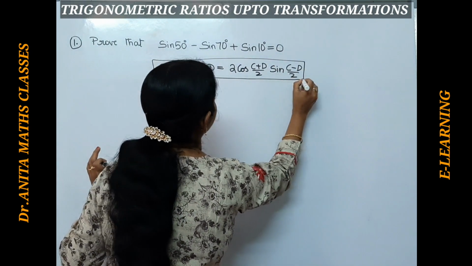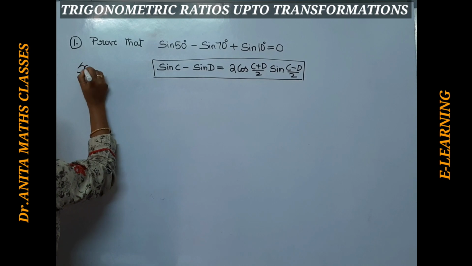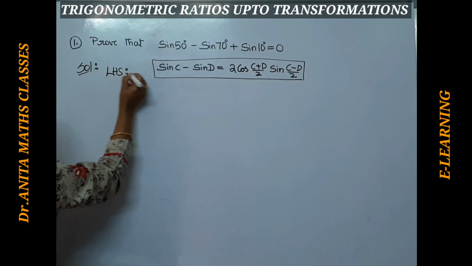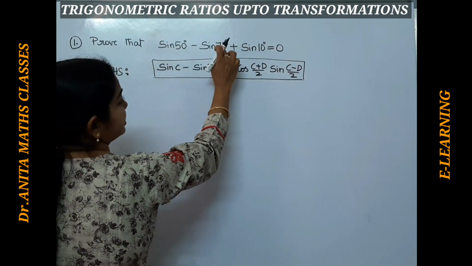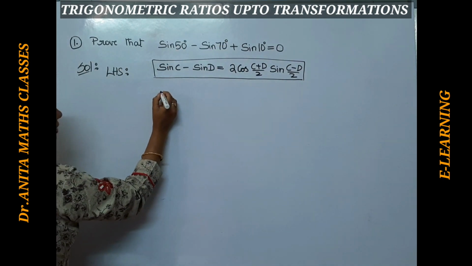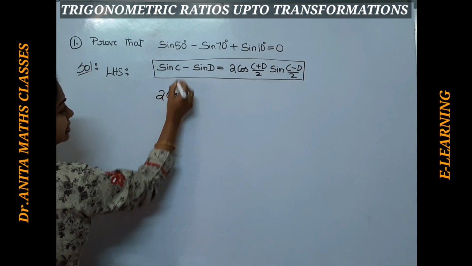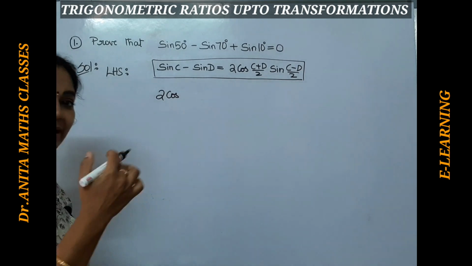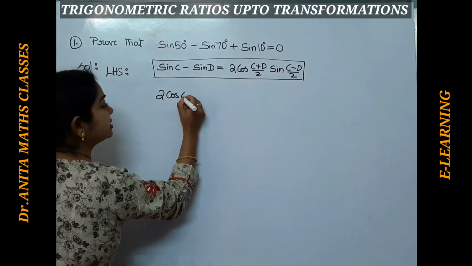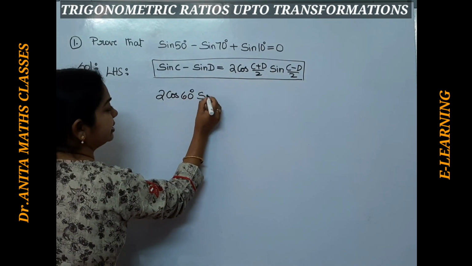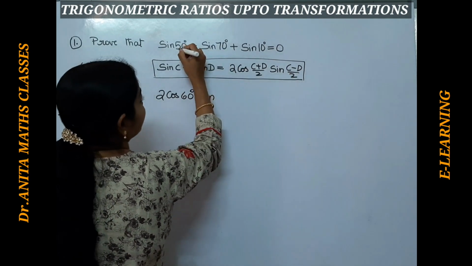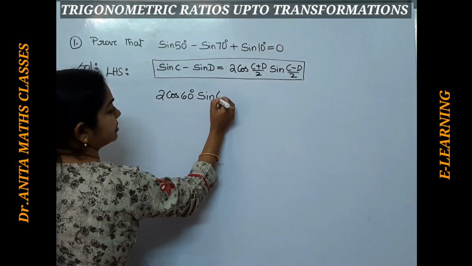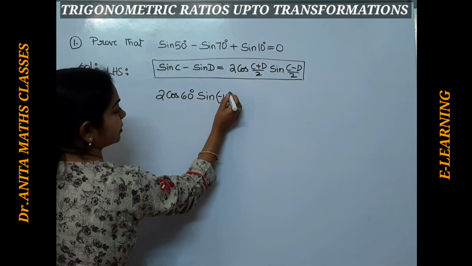This is the formula which we are going to use for the first two, if you are taking the LHS. Suppose this as C and this as D, so I'll directly write 2 cos of (50 plus 70) by 2, that is 120 by 2, that is 60 degrees, and sine of (C minus D), so 50 minus 70, that is minus 20 by 2, is minus 10 degrees.